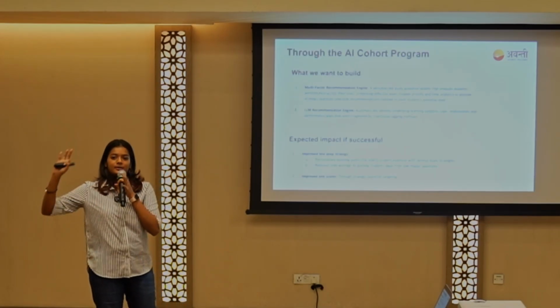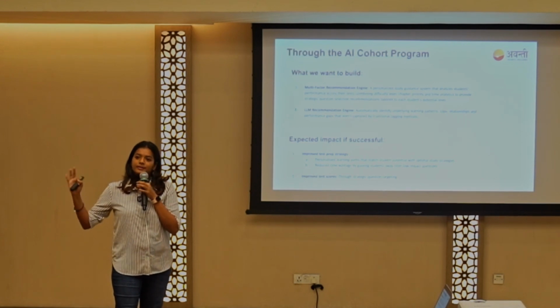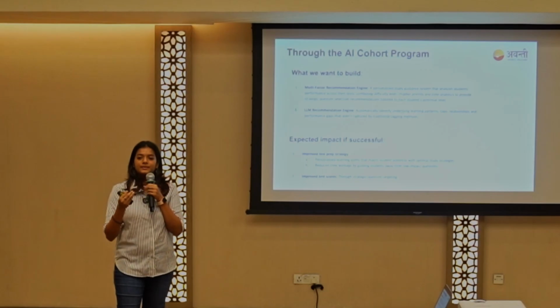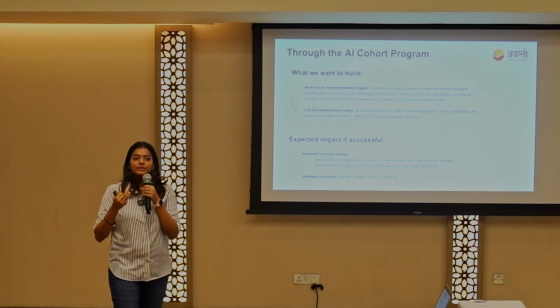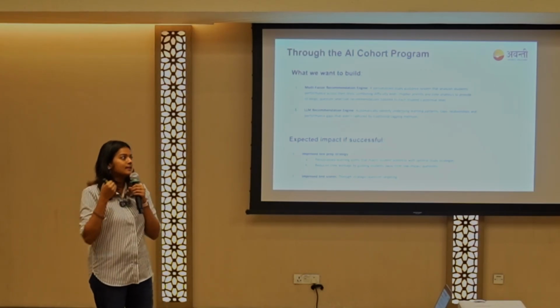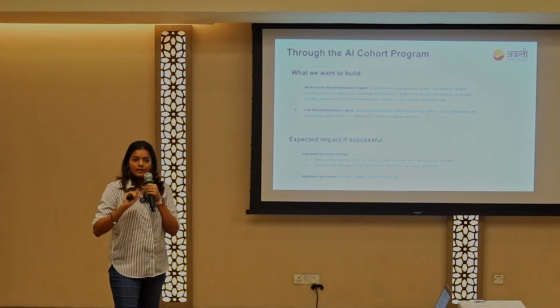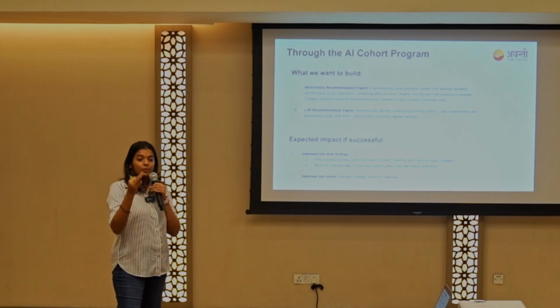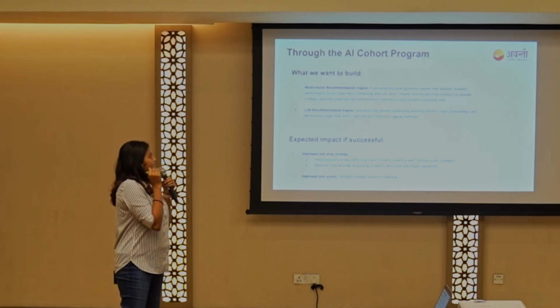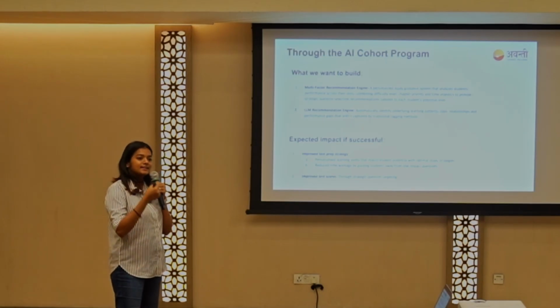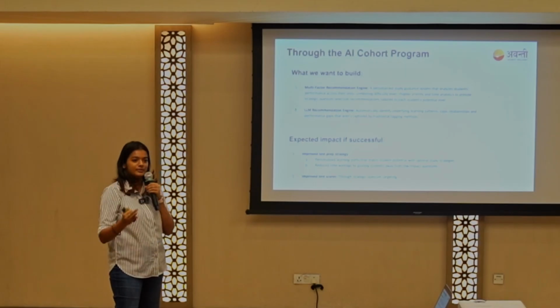While that is one part of what we want to build with AI Cohort, the other thing we're looking into is this: because we're dealing with students from social and economic backward classes, getting them to qualify these exams is a very personalized process, because as we all know, there are category ranks. It's very specific to a student, and not one solution fits all.